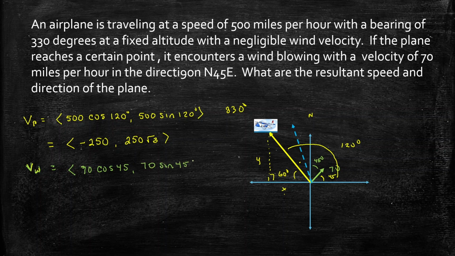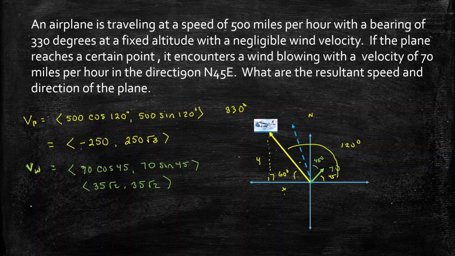And we know those are going to be the same thing, right? And that's going to give me 35 radical 2 and 35 radical 2. All right. We're trying to avoid the calculator, but I'm going to have to use it now because to find the magnitude of the resulting vector, I need to add my two vectors together.